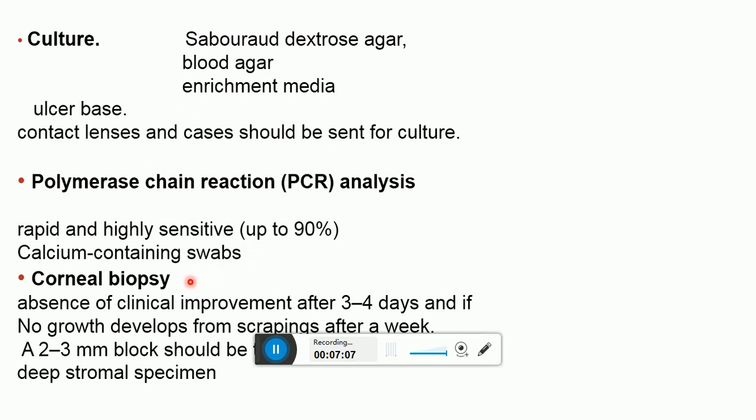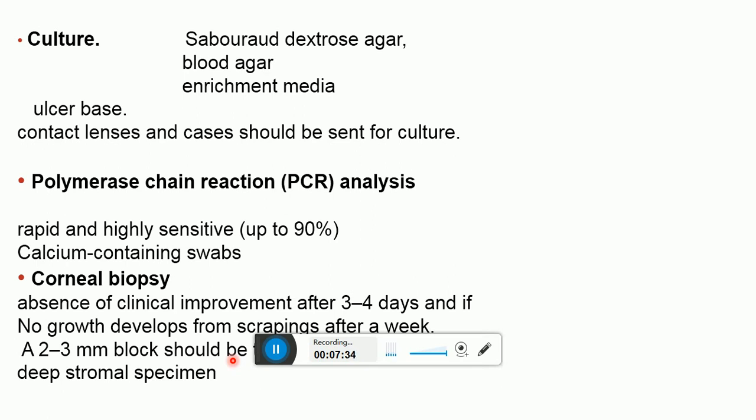The corneal biopsy is indicated in suspected fungal keratitis in the absence of clinical improvement after 3 to 4 days, and if no growth develops from scraping after a week, and a 2 to 3 mm block should be taken. Similar to scleral block excision during trabeculectomy.